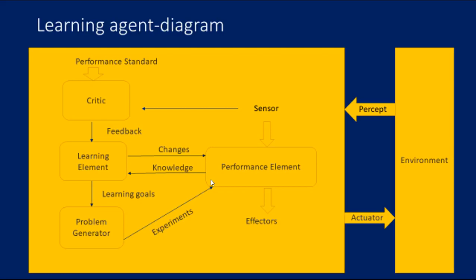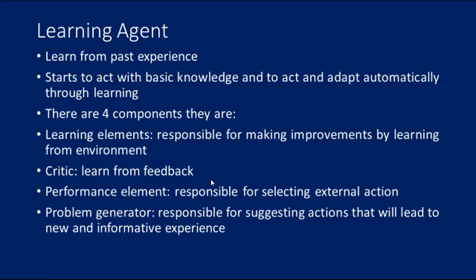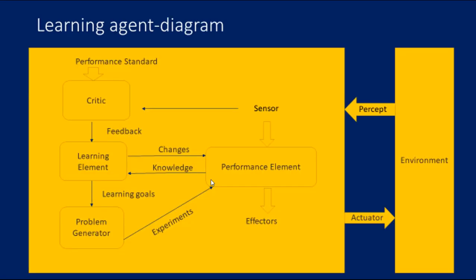Here, unlike other diagrammatic representations, the learning agent is somewhat different from others. The environment is perceived through a sensor, which captures the information, and this goes to the critic. Critic means learning from feedback. Based on the feedback, the information from the critic gets into the learning element.